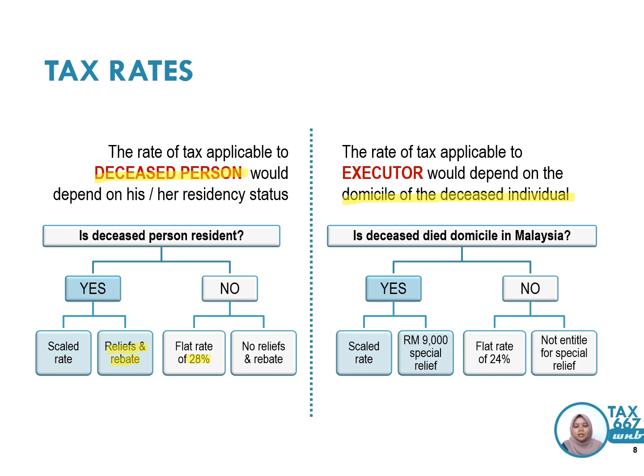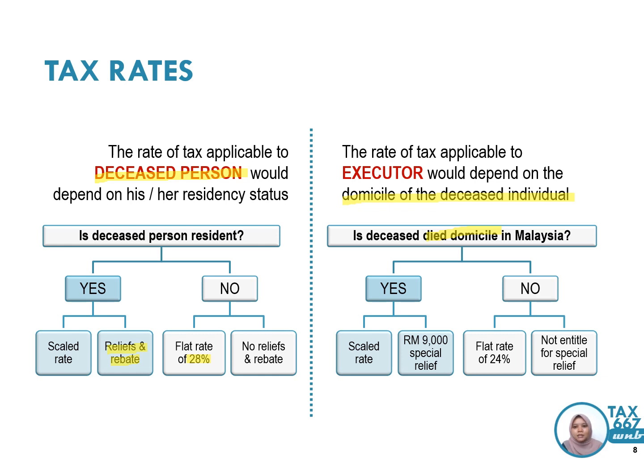If the deceased person died domicile in Malaysia, then executors will be taxed using scale rate. Pakai rate yang berkala tu. And executor is entitled to get 9,000 special relief.